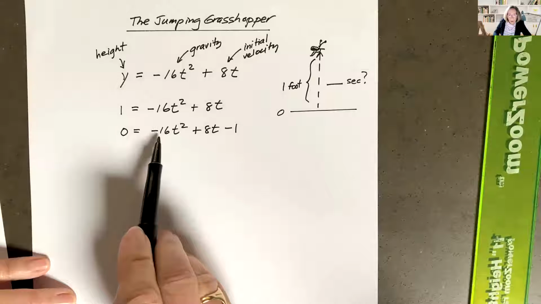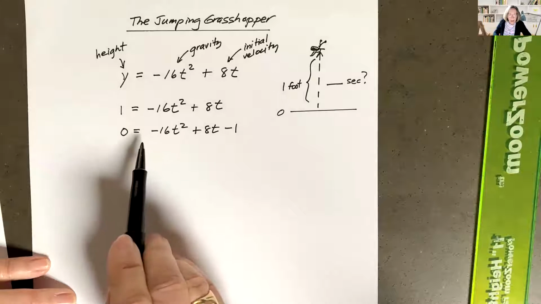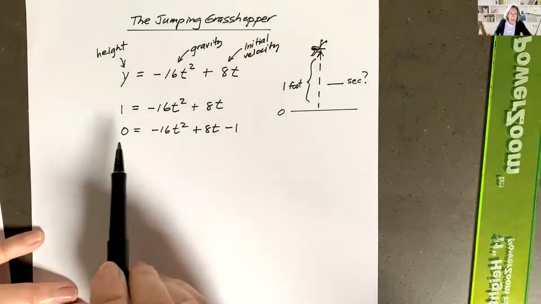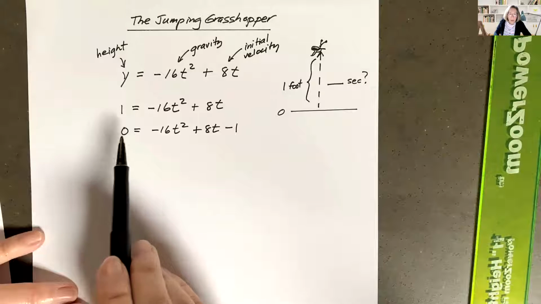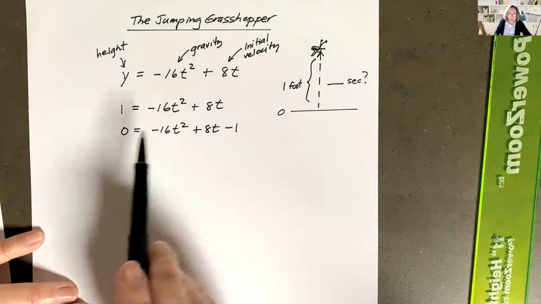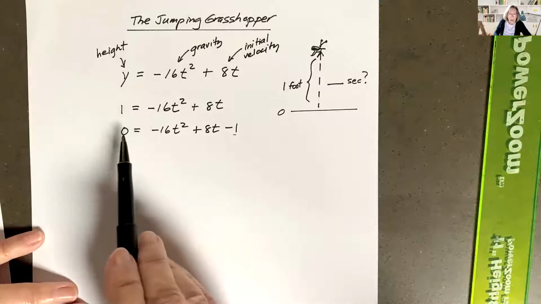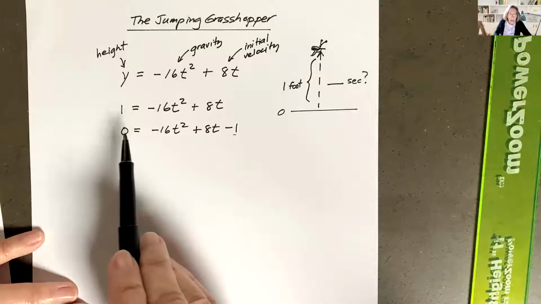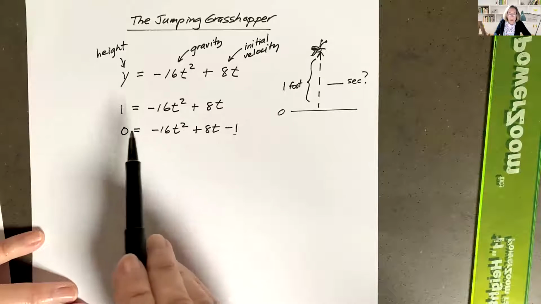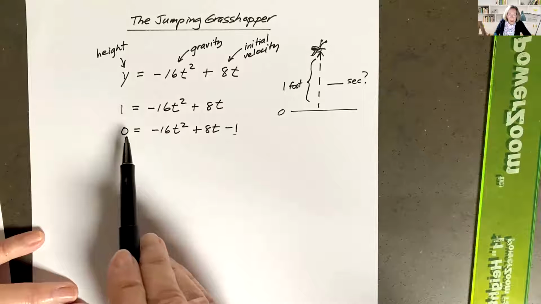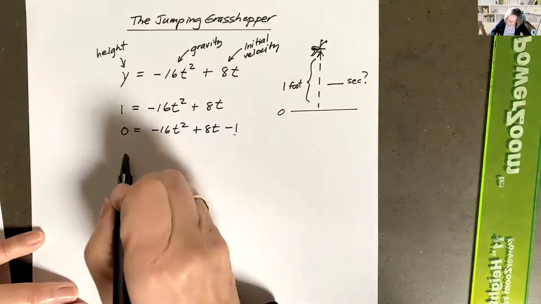But I don't like factoring with a negative leading coefficient. I just don't like that. So I can actually do a little trick, which is multiply every term on both sides by the same thing and make that go away. And I'm going to multiply both sides of this equation by negative 1. When I multiply the 0 by negative 1, it's still 0.